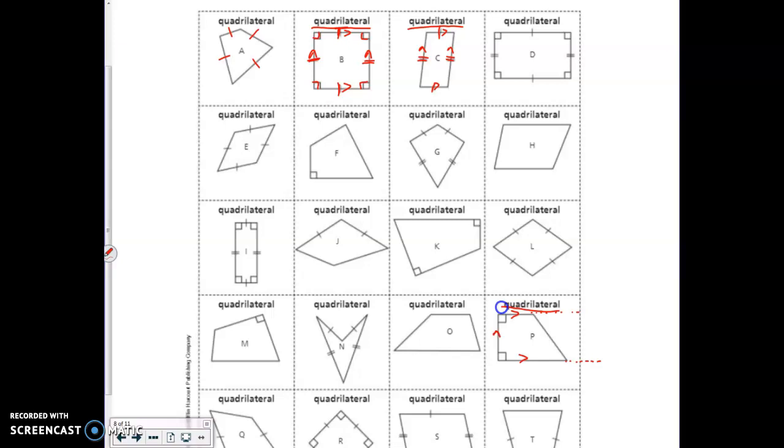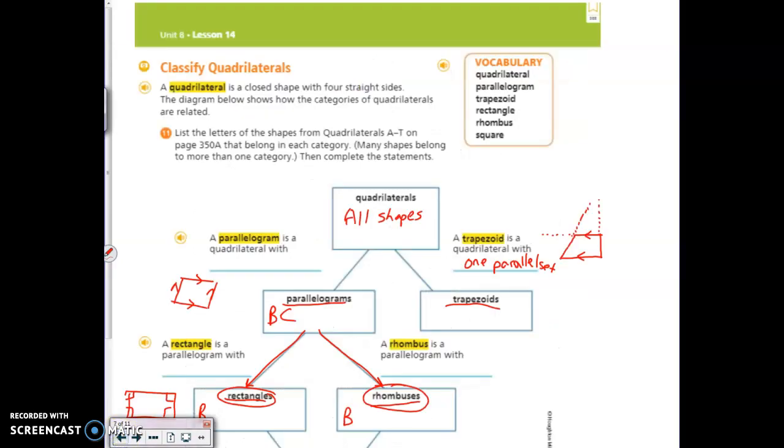If we look and identify these two lines, will they, if they continue on, eventually get closer and touch? It does look like that to me. So it looks to me like we are staring at a quadrilateral with one set of parallel lines, and that again puts me in the trapezoid category as P instead of the parallelograms.